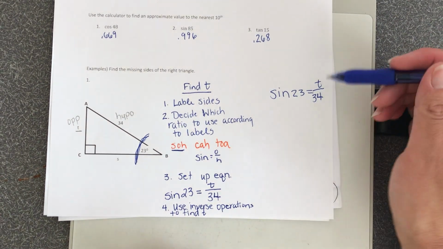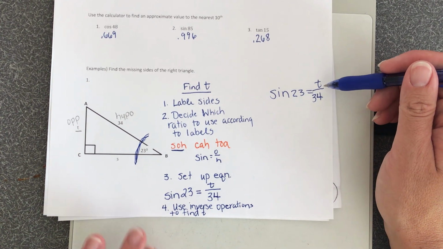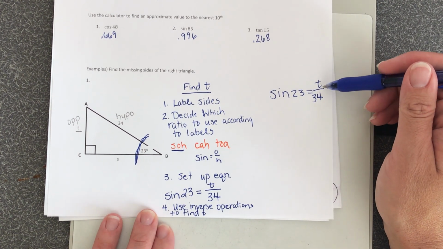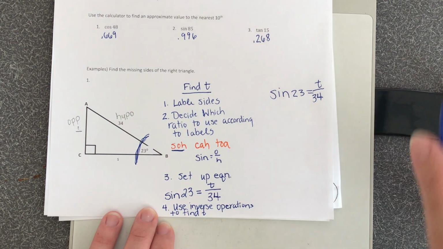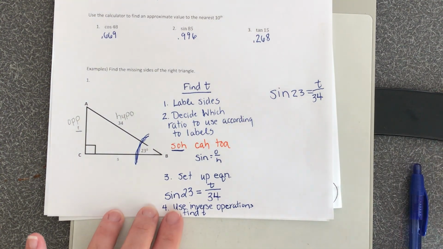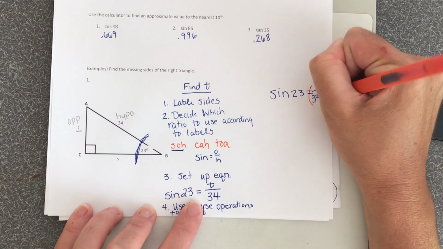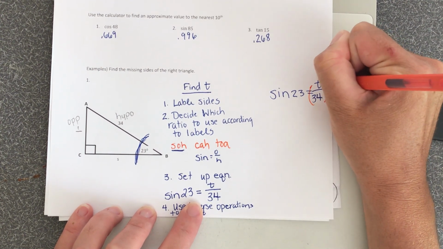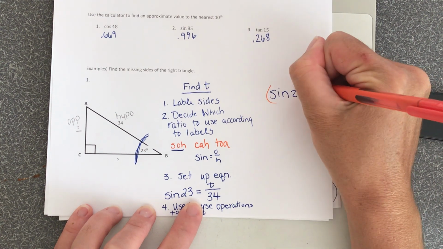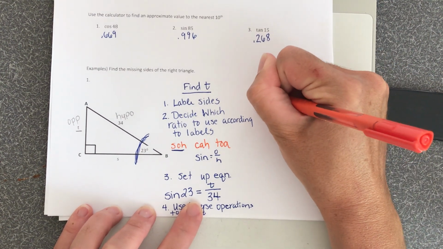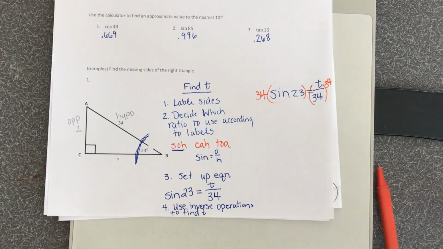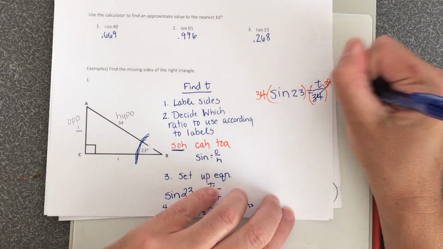Now, I need to get t by itself, and right now, what's preventing t from being alone is divided by 34. The opposite of division is multiplication. So to undo division, I'm going to use multiplication, and I'm going to multiply both sides by 34. So the 34's cancel out.